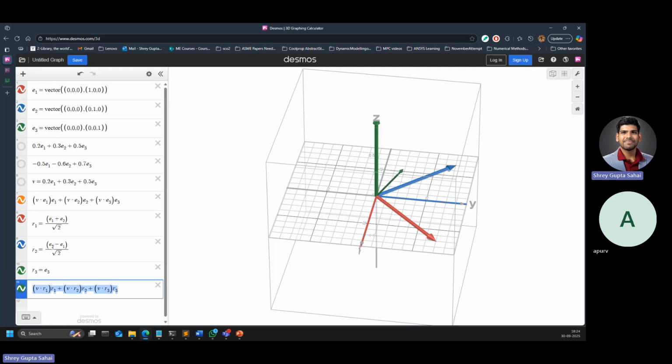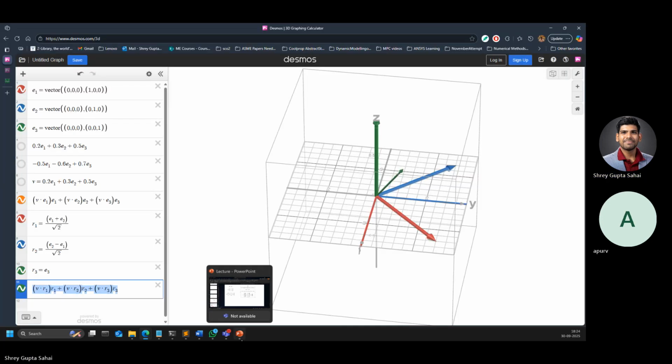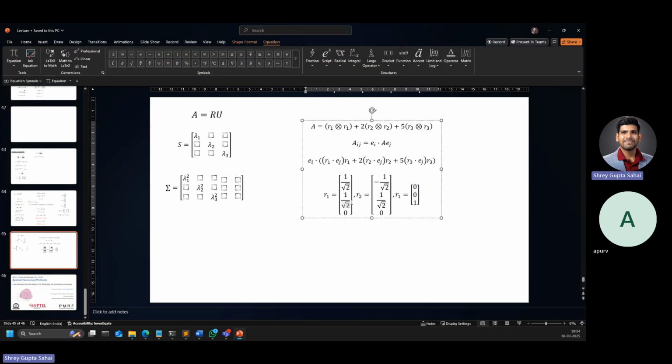Yeah, E2 minus E1, yes. So E2 minus E1 is this. Wait, is this it? No, no, no. Yeah, E2 minus E1. Yeah, this is fine. This is R3. The third one is R3.